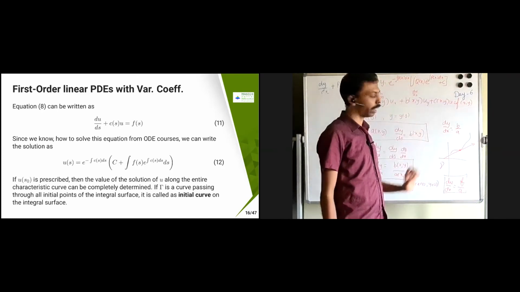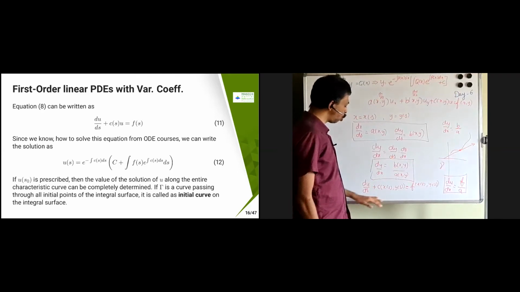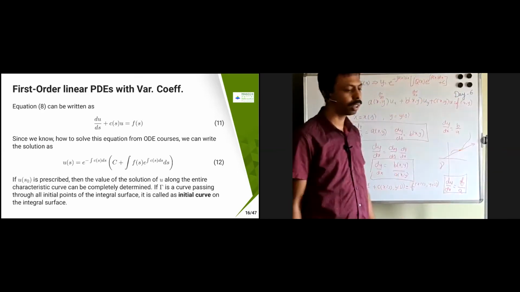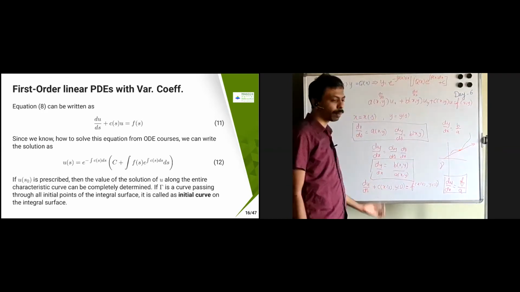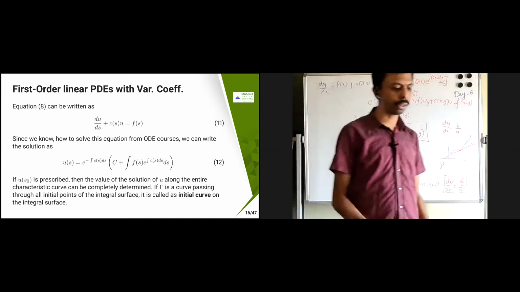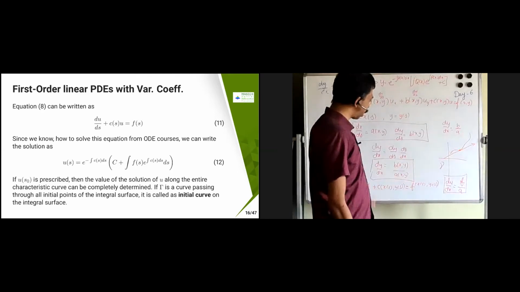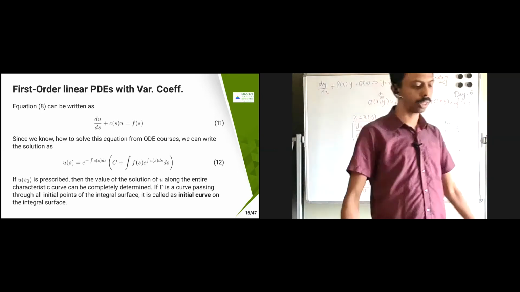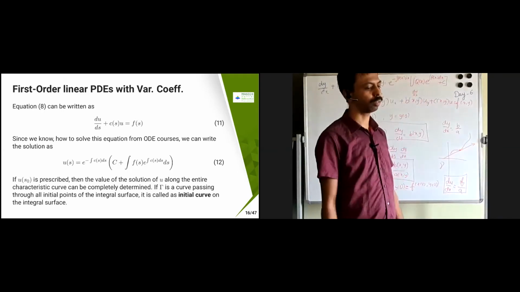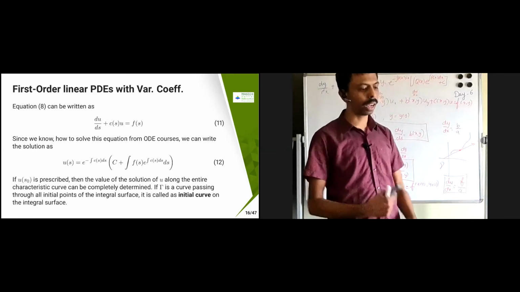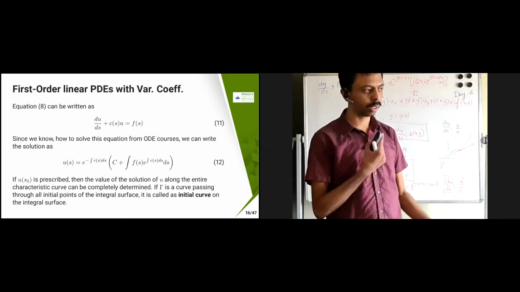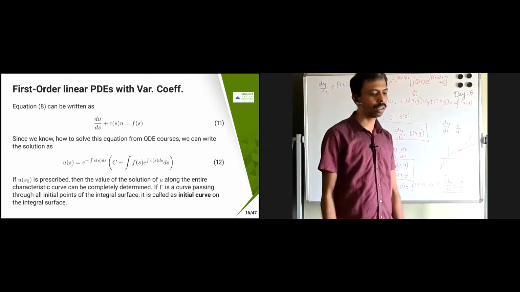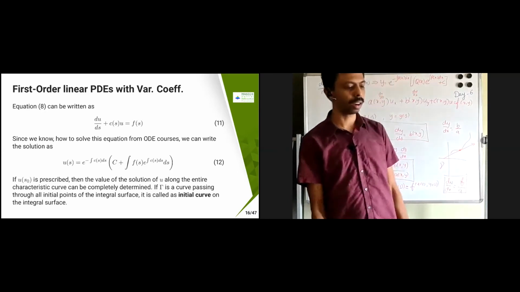The same way here, if I say what is u(s0), where s0 is some starting or initial position, then for this system you can once again find the characteristic curve completely and uniquely. The curve which you are giving, passing through some initial points of the integral surface, is called the initial curve on the integral surface.